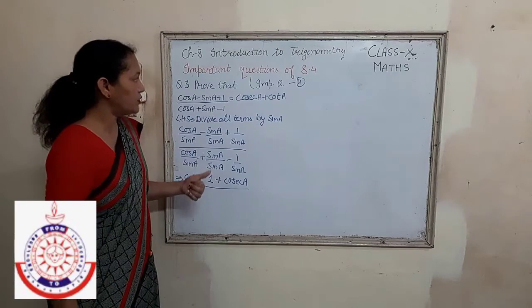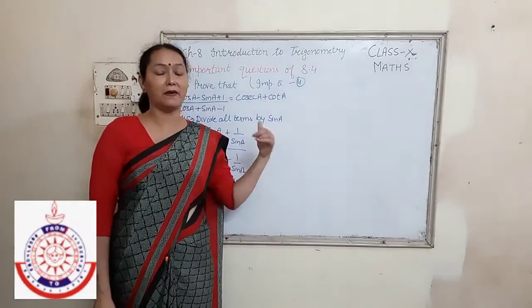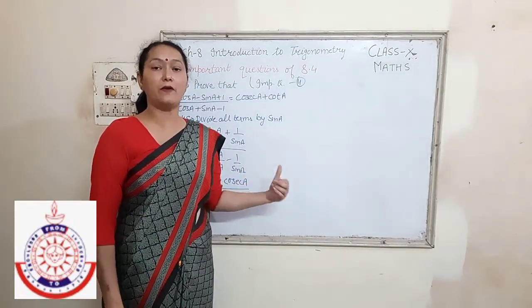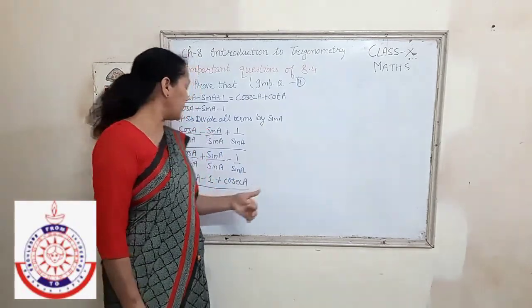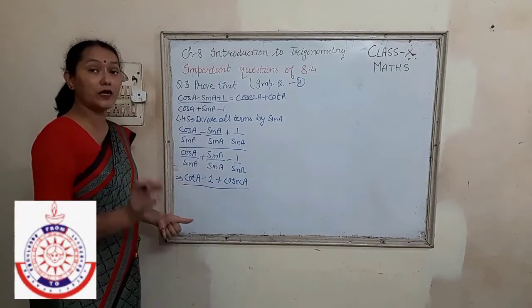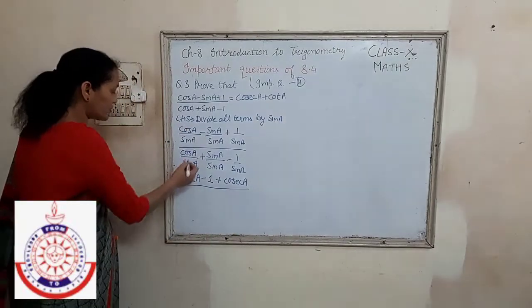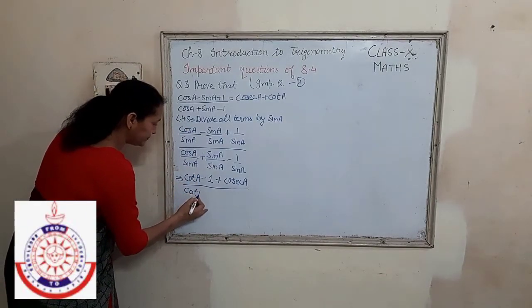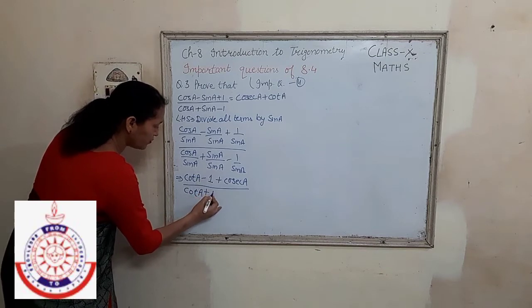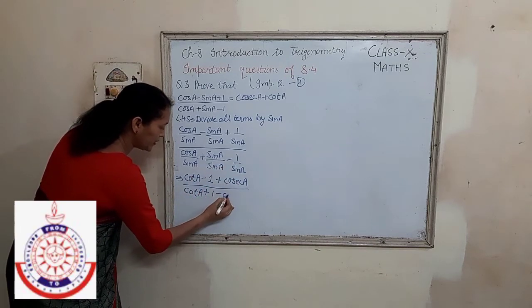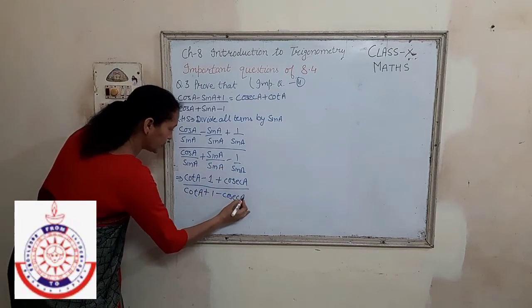By the time you are about to complete the chapter, if you are able to answer quickly when the teacher asks what is cos upon sin, if you are quickly saying cot A, it means you have understood the chapter. Here also cot A plus 1 and here minus cosecant.